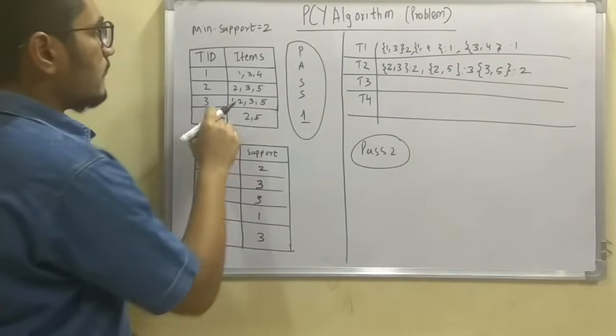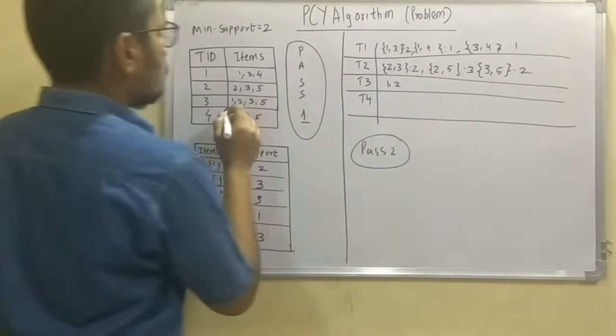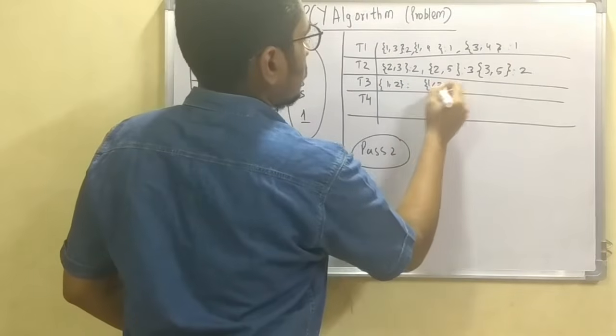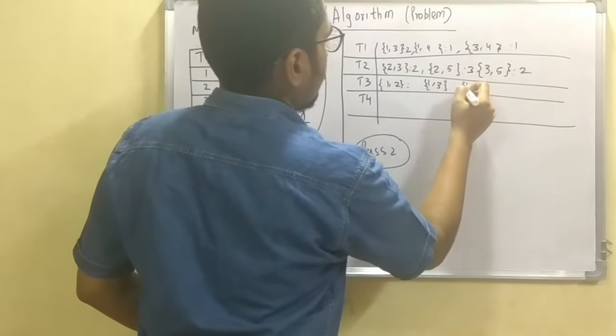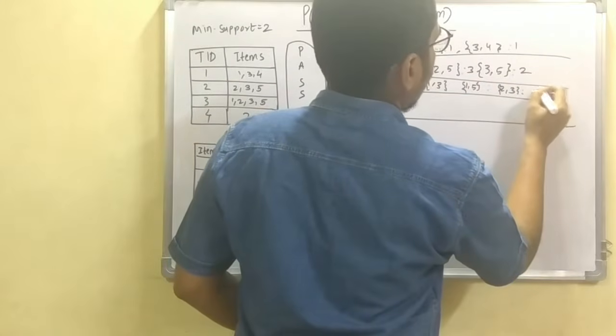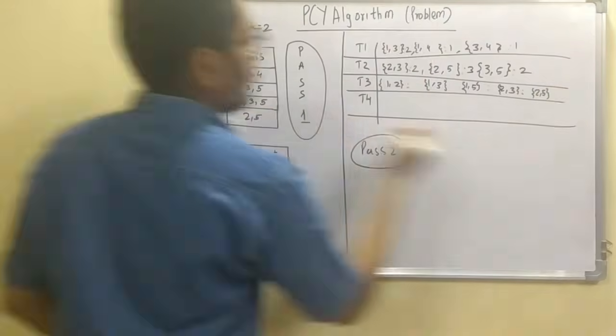Now for T3 we have the pairs 1 2, 1 3, 1 5, 2 3, 2 5 and 3 5.